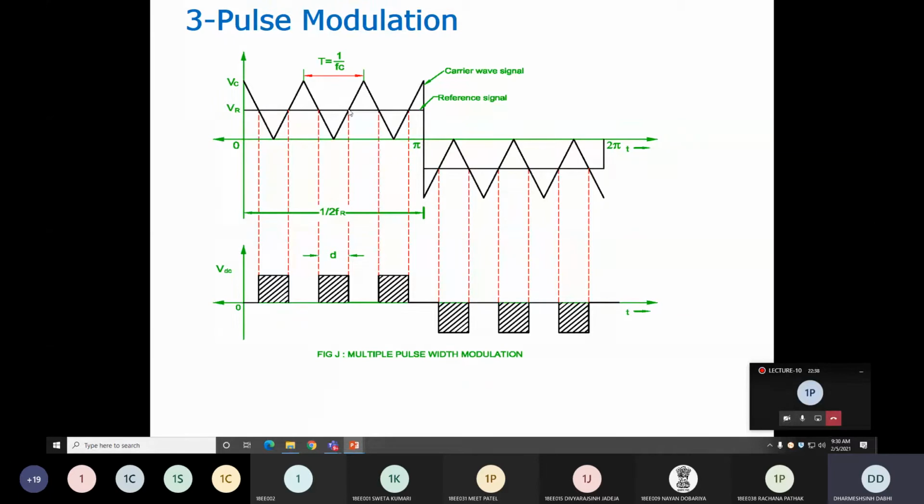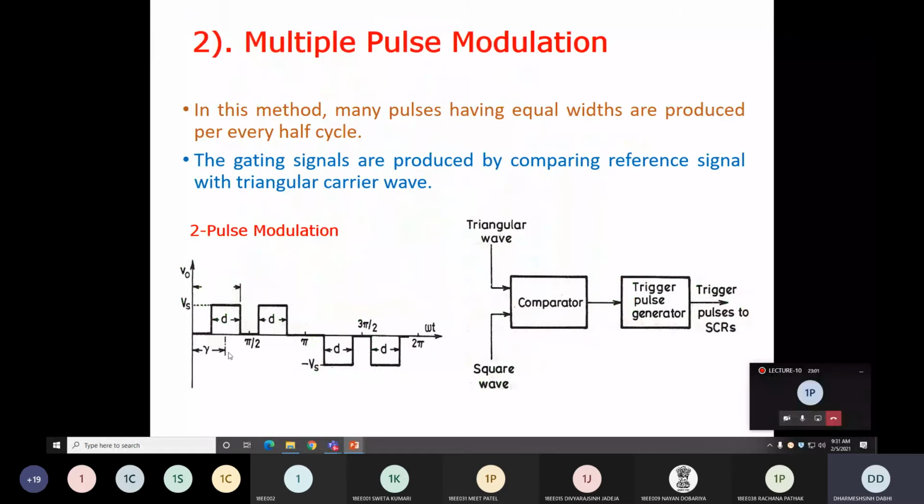But here the reference is more than the triangular, so that generates the output. Same way in the negative cycle also. Clear? So the number of pulses in the output is decided by the frequency of the carrier signal. As the frequency of the triangle is high, you generate more pulses in the output signal. So let's see the Fourier analysis of these pulse width modulation techniques.